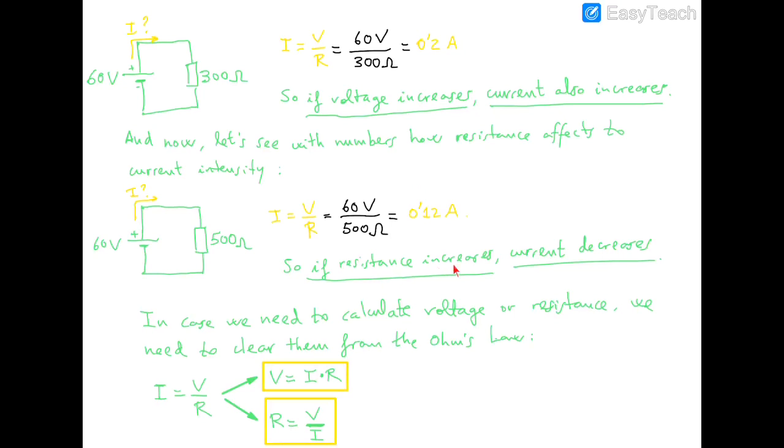So the more resistance, the less current intensity. In case we need to calculate voltage or resistance, we need to clear these magnitudes from the Ohm's law. Okay, so these are the expressions for voltage and resistance.